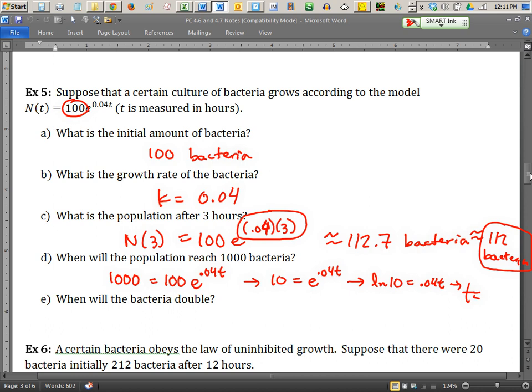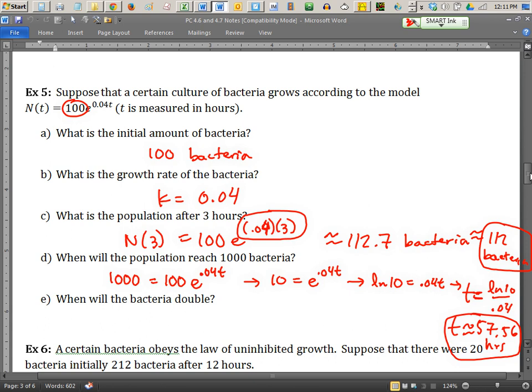So t is going to be ln 10 over 0.04. And you can get out your calculator and type that in. What is ln 10 over 0.04? 57.56 hours. Don't forget units on a science question, right?